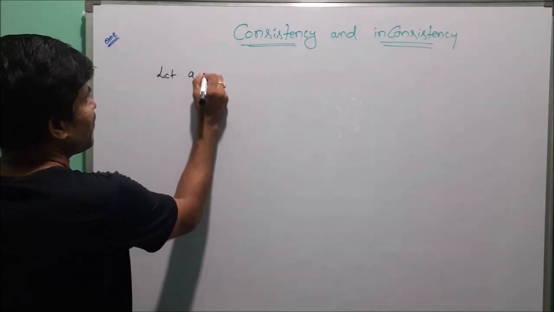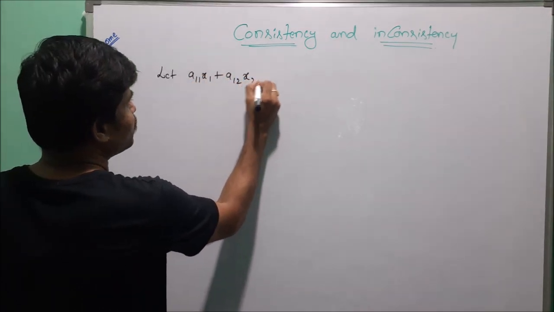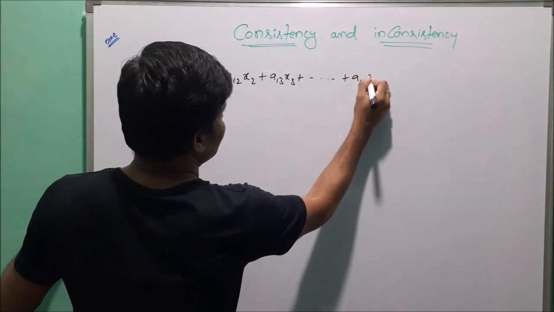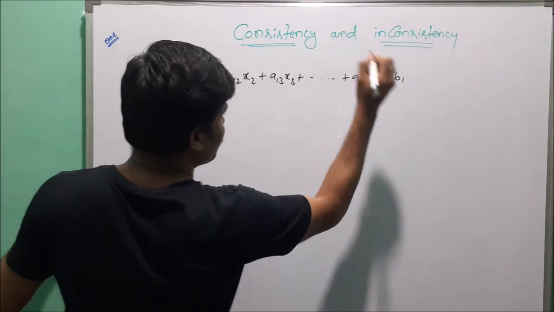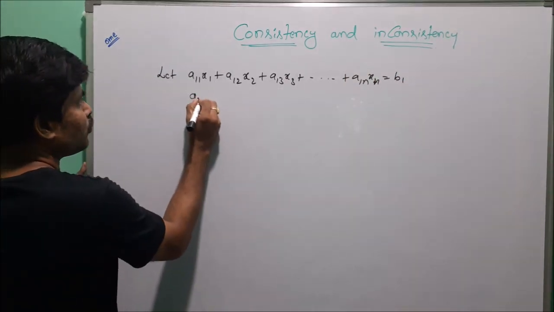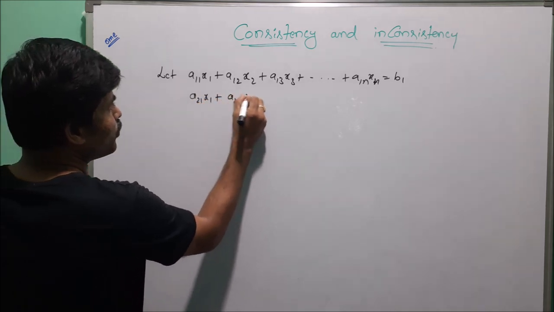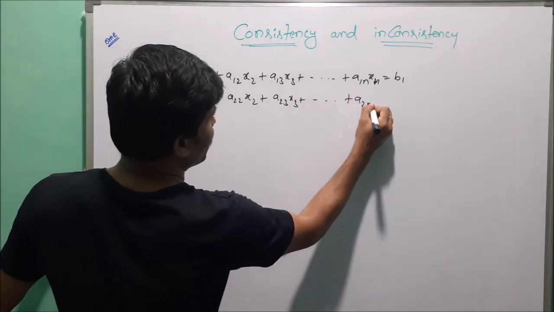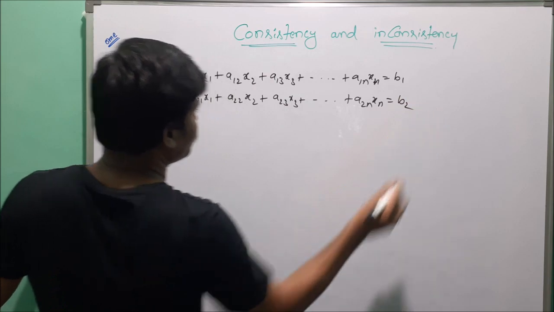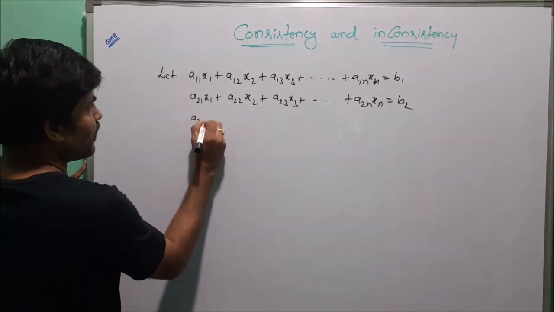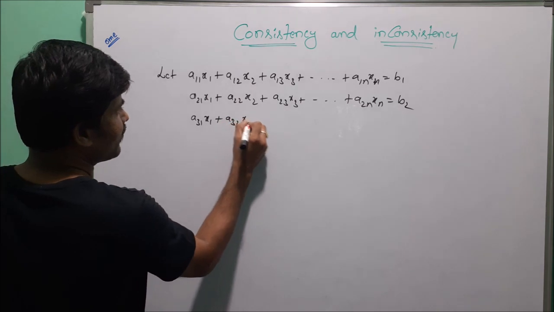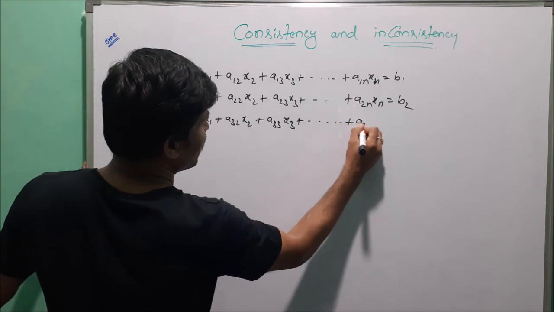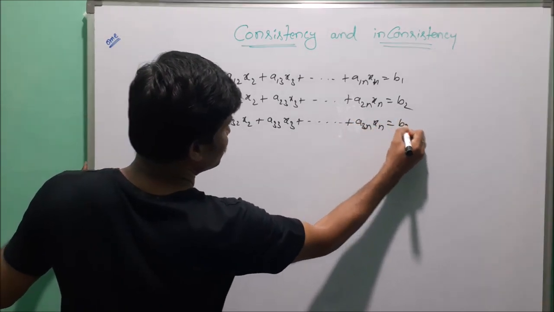let a11 x1 plus a12 x2 plus a13 x3 plus and so on plus a1n xn equals some b1. a21 x1 plus a22 x2 plus a23 x3 plus and so on plus a2n xn equals some b2. a31 x1 plus a32 x2 plus a33 x3 plus and so on plus a3n xn equals some b3.